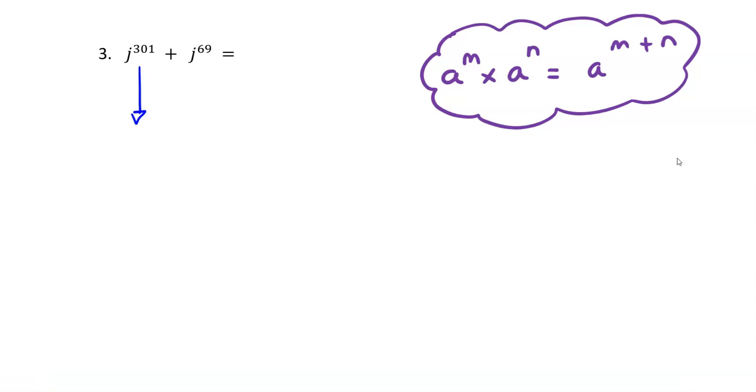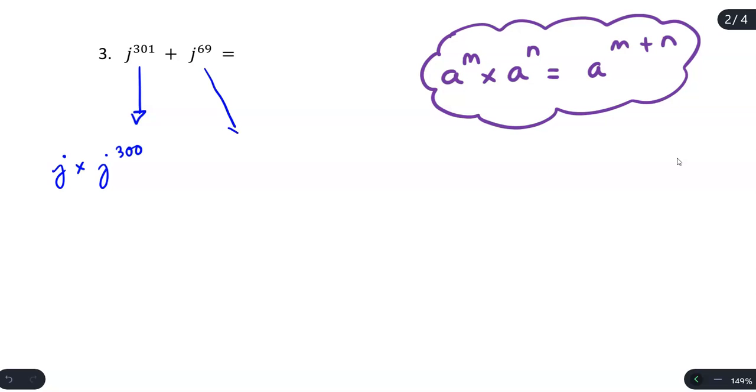I apply the concept that I presented above, that I will break this into j times j to the exponent of 300. And I will break this, so I still add this, with j times j to the exponent of 68.